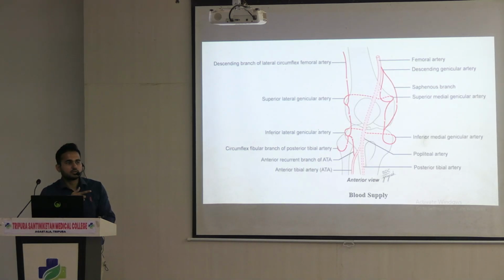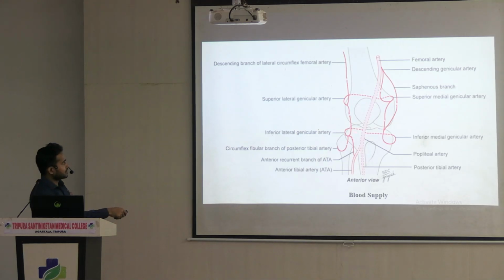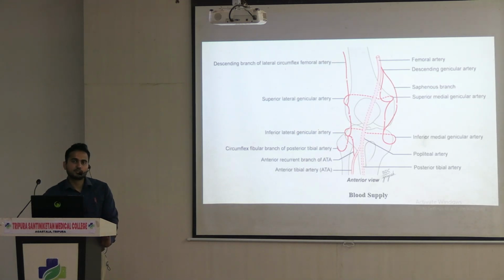In the hip joint also you have seen one arterial circle is formed. Next, when you studied the elbow joint in the upper limb, at that time also you saw it. Now the same thing is present around the knee joint also. So you can see the arterial anastomosis present around the knee joint, and from there the branches will appear and supply the joint.